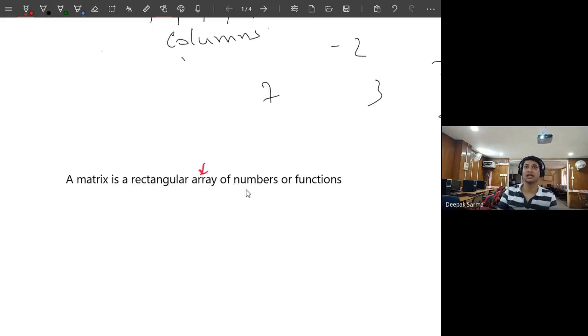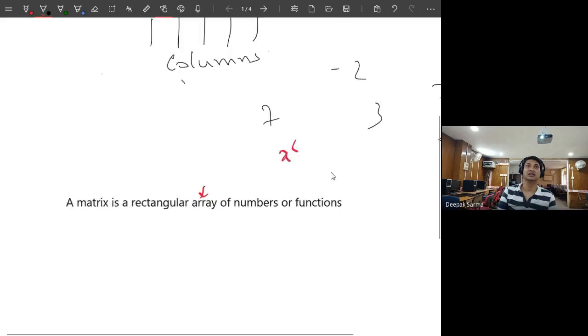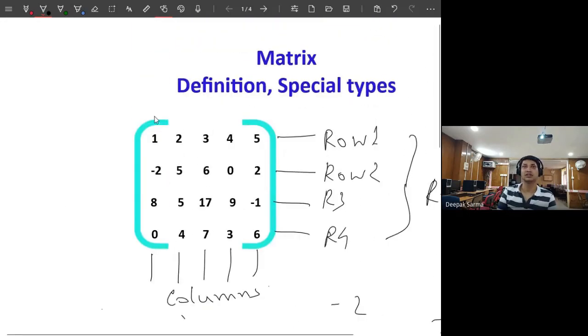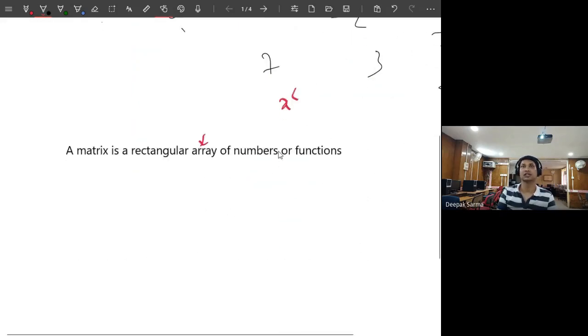And what we allow are numbers. I have written only numbers, but any kind of numbers are allowed, or functions. Function means I can have something, suppose x square, x cube, or anything I can allow. And besides that, you see the numbers have been written inside the first bracket or round bracket. So we must enclose them within the bracket.